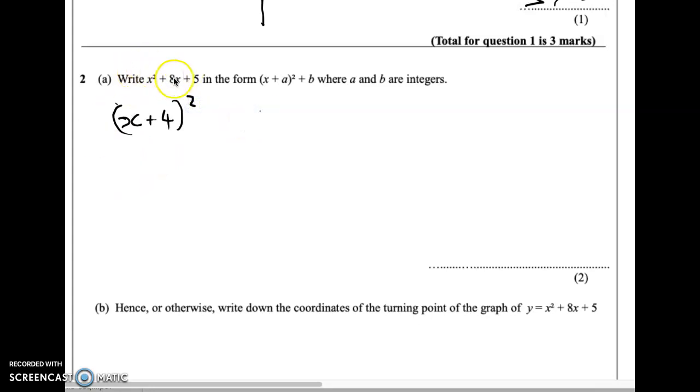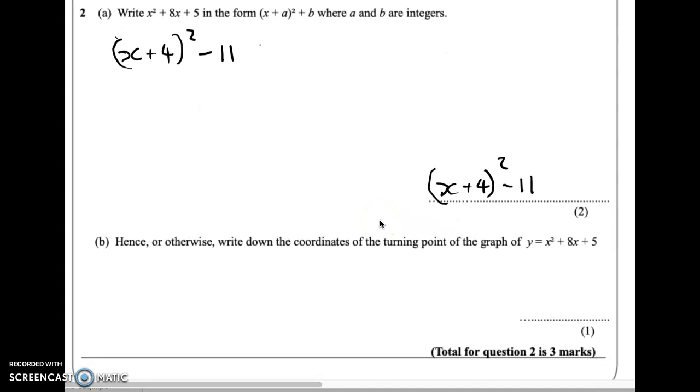We know the first two bits are going to be right, because if we expand this out, we get x times x to get the x squared, 2 lots of x times 4 to make the 8x, and then 4 times 4 to make 16. 16 is too many, it needs to be 5, so we need to take away 11, right? So there's the answer, (x plus 4) squared minus 11.